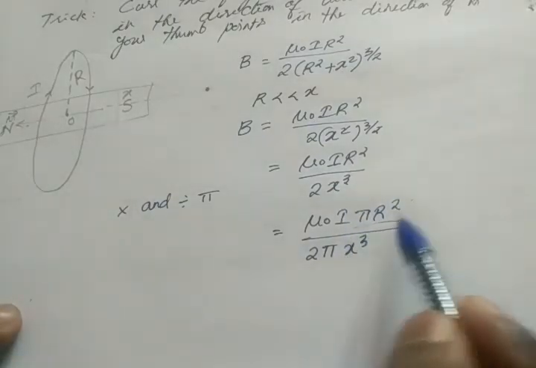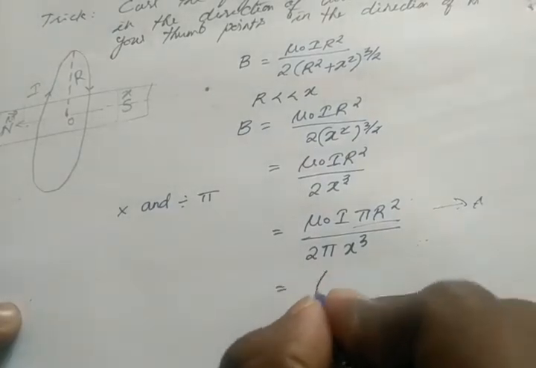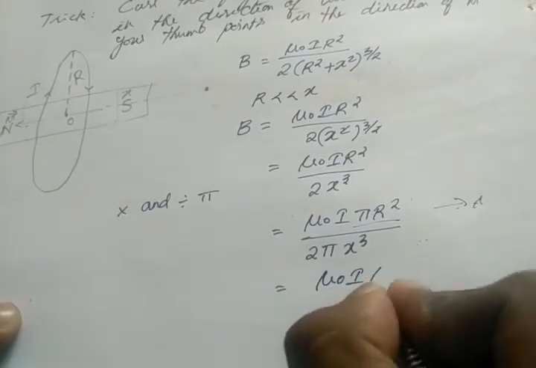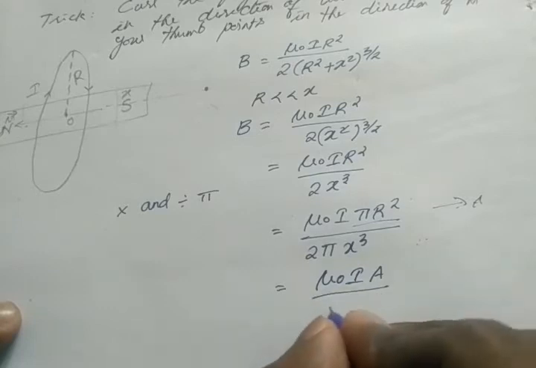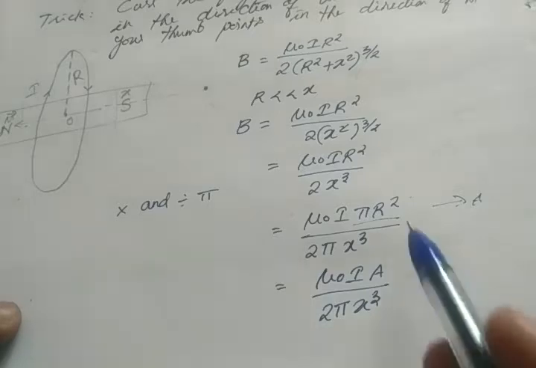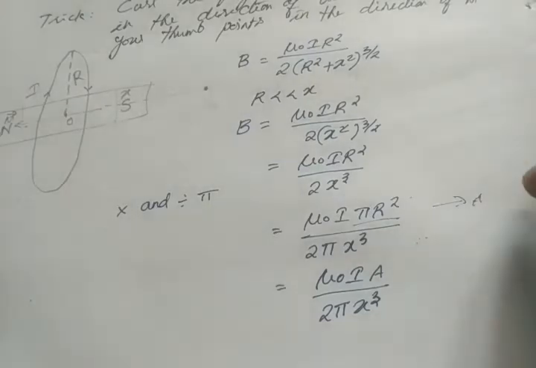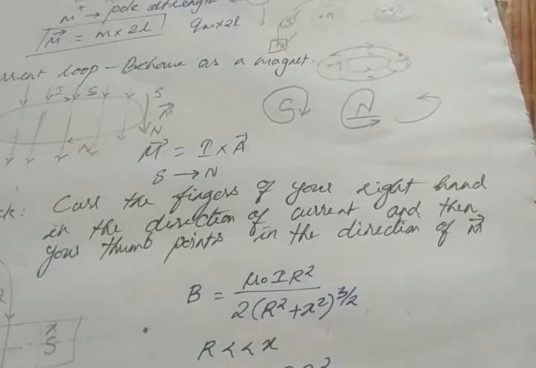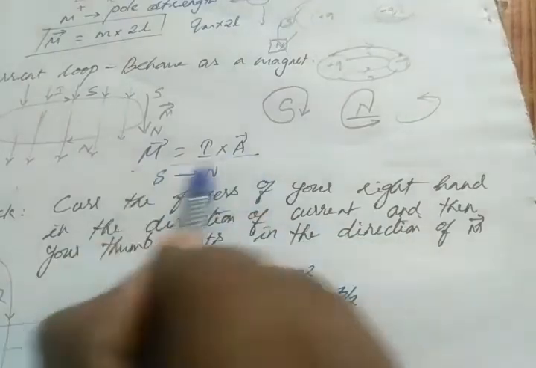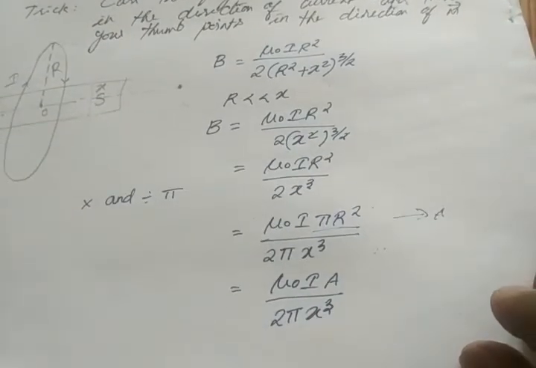So instead of pi R square I can take the value A. Here mu naught I A divided by 2 pi x cube. What is IA? Think about it. IA is nothing but the magnetic dipole moment of this circular coil. So further I can take my IA as M.